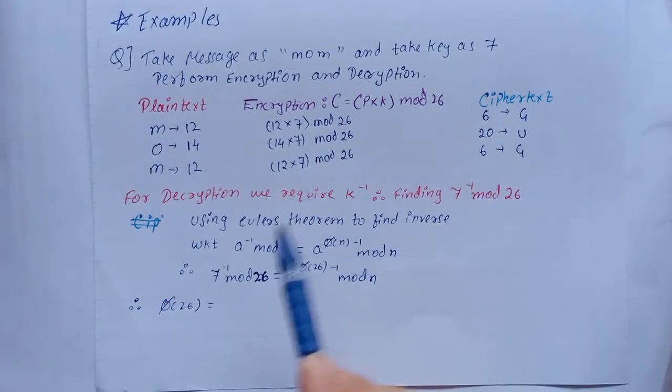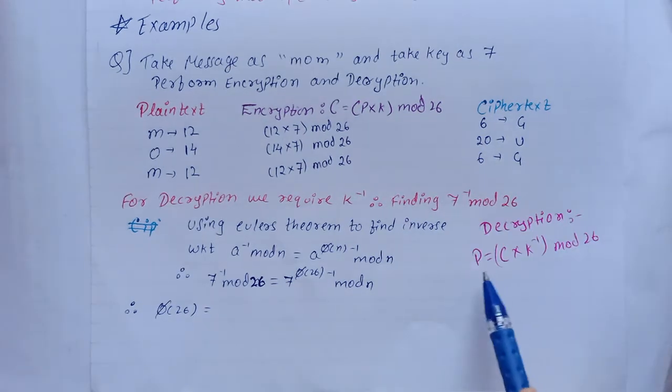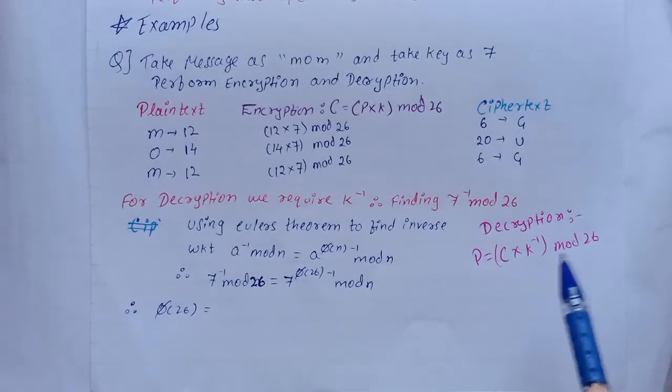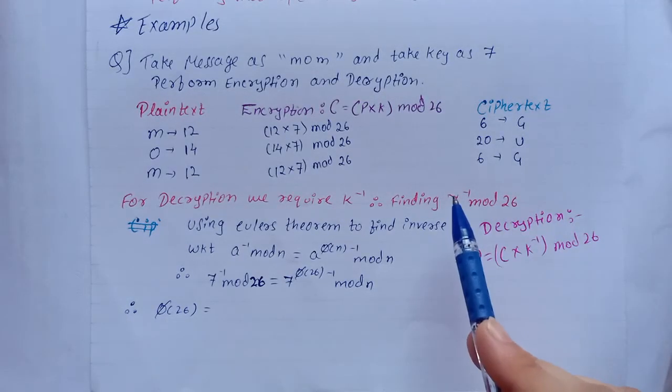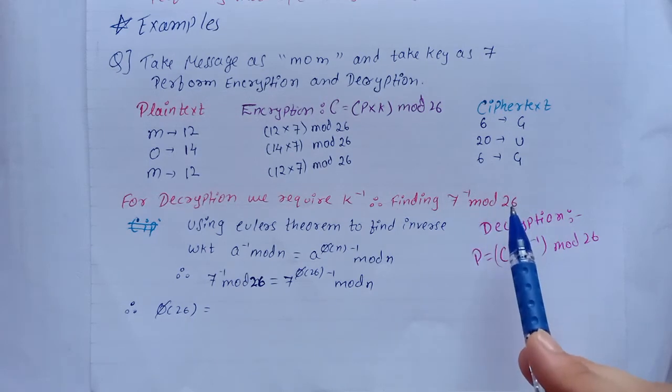Since we know the decryption formula, plain text is equal to ciphertext into key inverse mod 26. So we first have to find the key inverse. Our key was 7, and as I told, we will perform mod operations in mod 26.